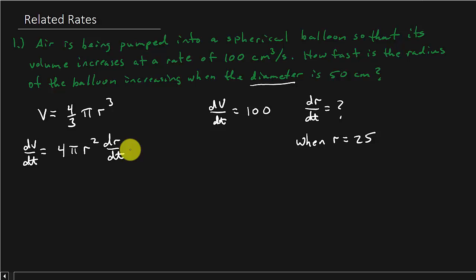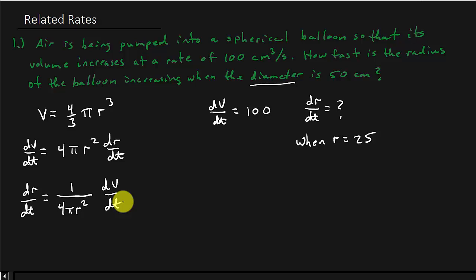Now I'm going to solve for dr/dt, since that's what we want to know, the change in the radius. If I divide both sides by 4 pi r squared, that gives me dr/dt equals 1 over 4 pi r squared times dV/dt.